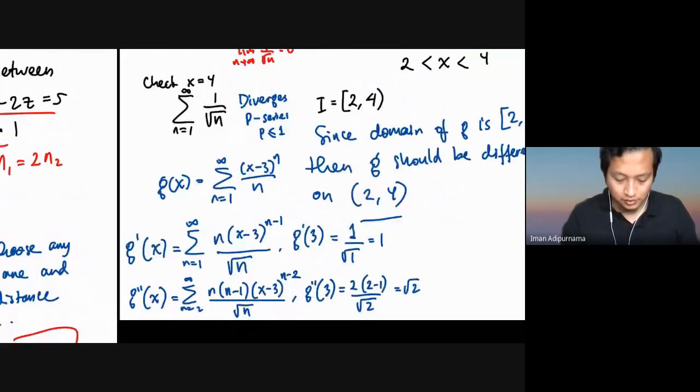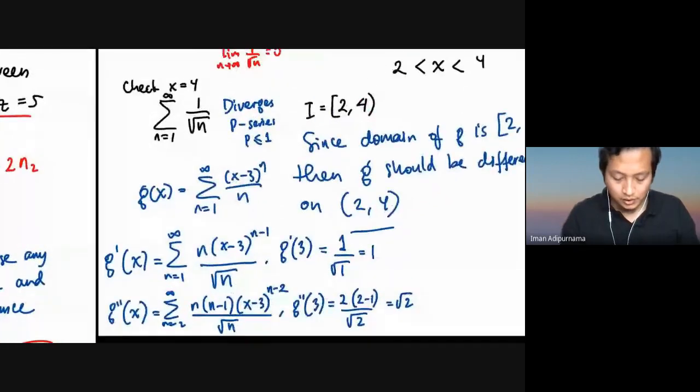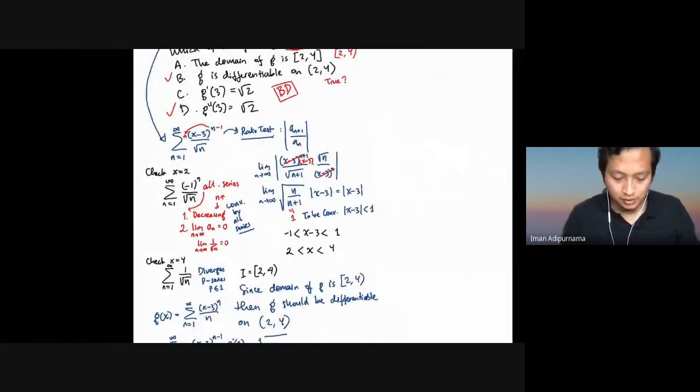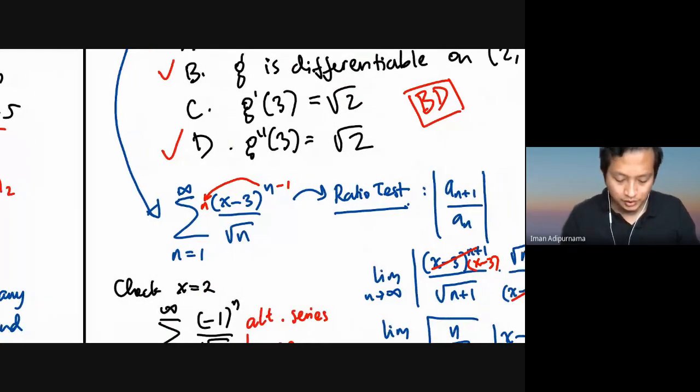This is actually, if you check from the original equation, if you check x equal 3, it all becomes 0, right?